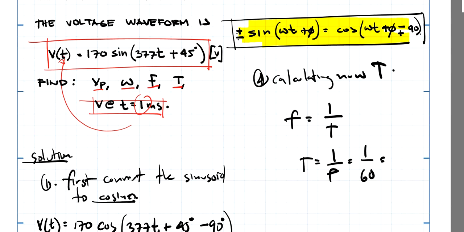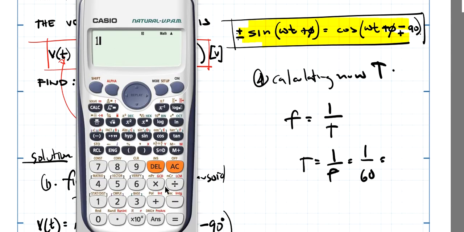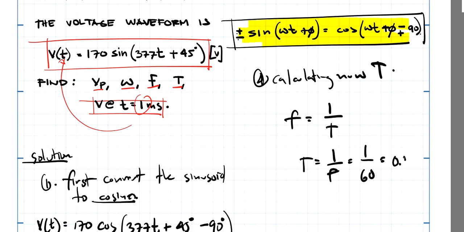So 1 over 60 is equal to 0.0167 seconds.